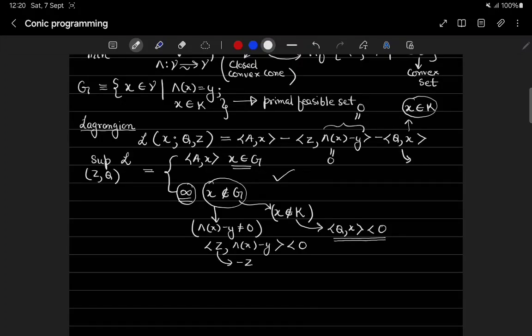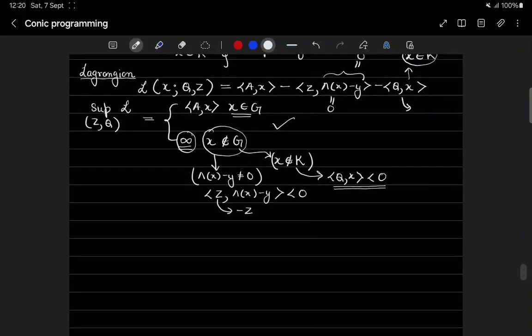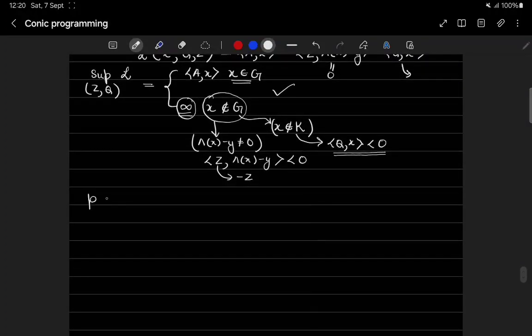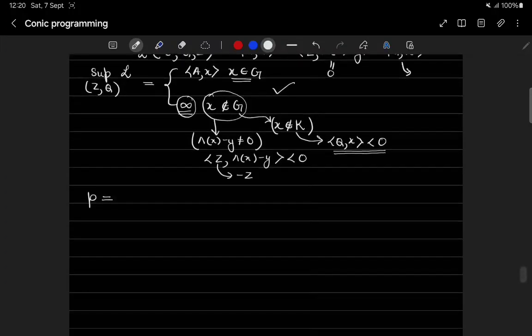So this makes sense. Now what we do is we write the primal problem in a different fashion. The primal problem is simply Ax optimization. So infimizing over x the supremum over z and q of the Lagrangian L(x, q, z).